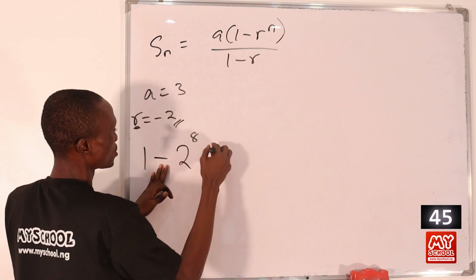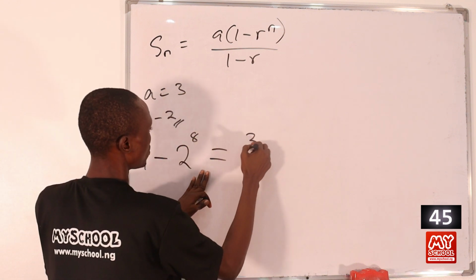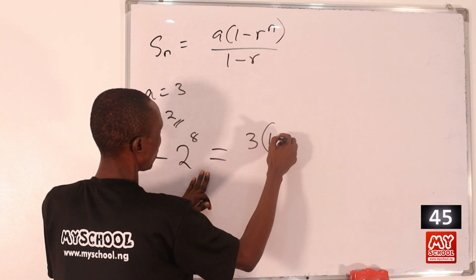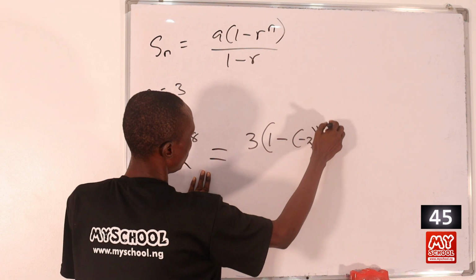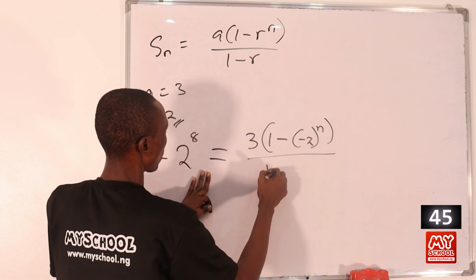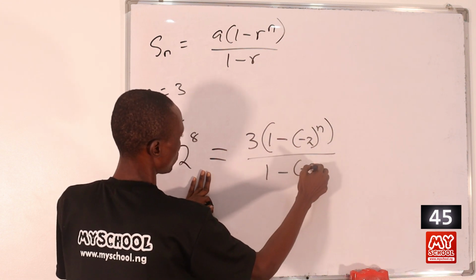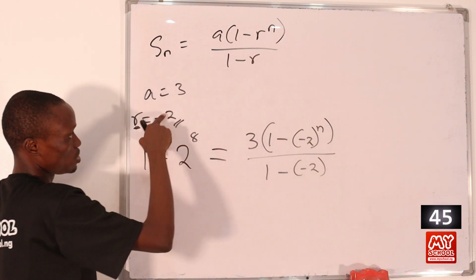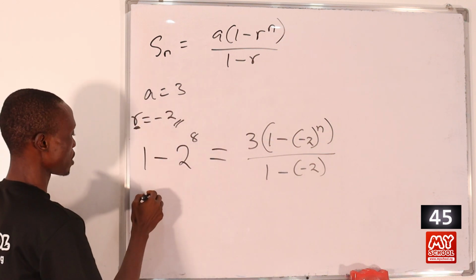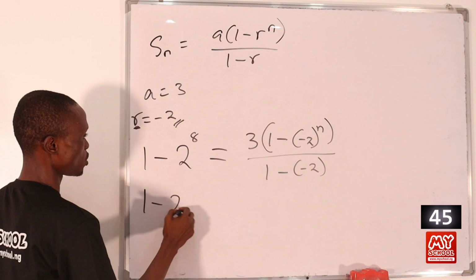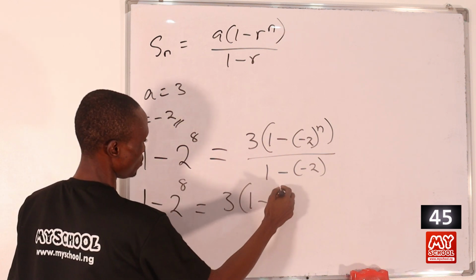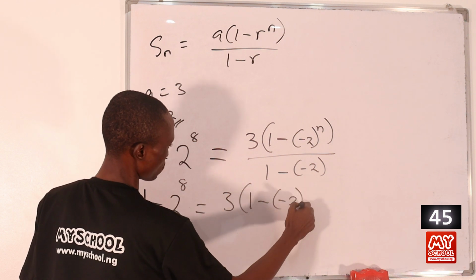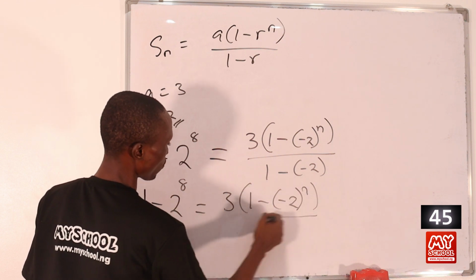So this whole thing here will be equals to 3 bracket 1 minus 2 raised to power n in brackets all over 1 minus 2. Remember that the common ratio is minus 2. So that you'll be having 1 minus 2 raised to power 8 is equals to 3 bracket 1 minus 2 in bracket raised to power n all over 3.